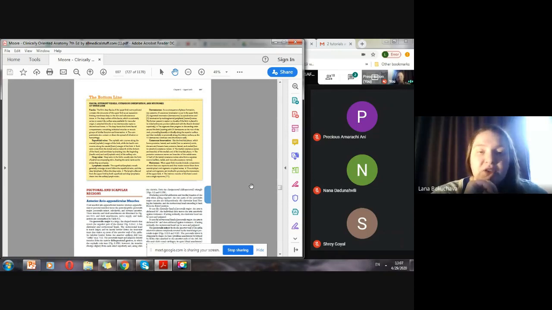So the question is, what about the extrinsic muscles? Here comes the idea that extrinsic muscles mainly compose the axio-appendicular muscles, because according to their attachments, the proximal attachment will always be on the axial skeleton, and their distal attachment most commonly will be on the appendicular skeleton.